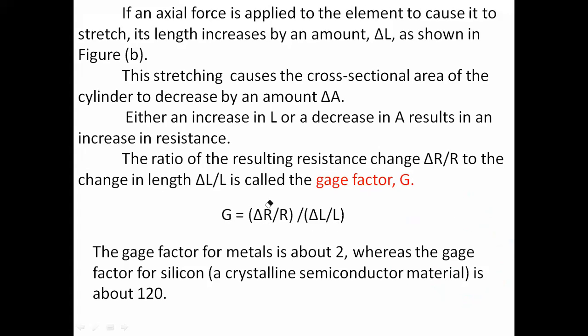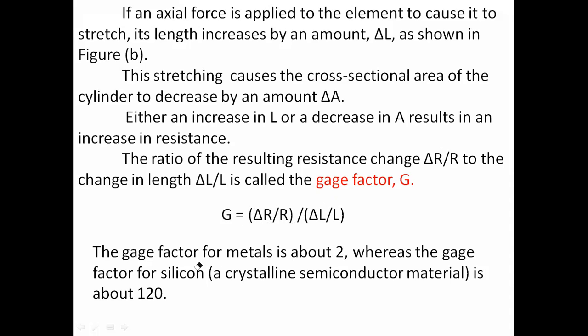So it is the change in the resistance from the actual resistance with the change of the length. By changing the length, there is a change of the resistance, and that is related by using the gauge factor.